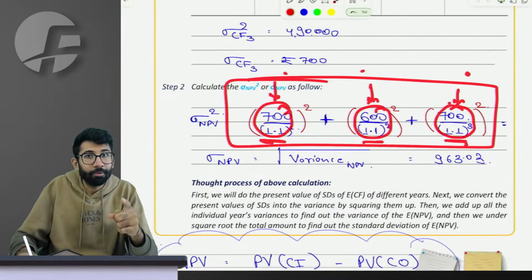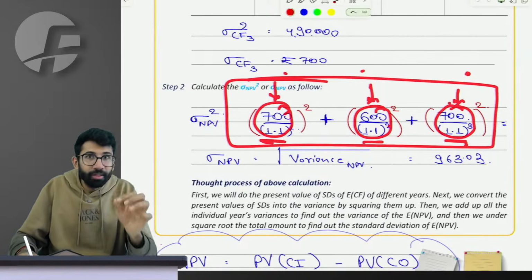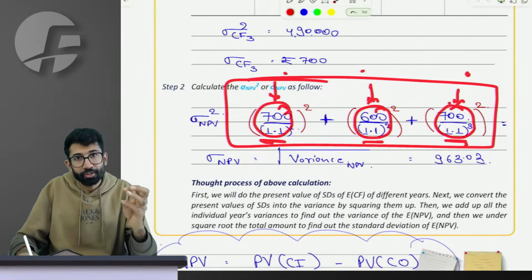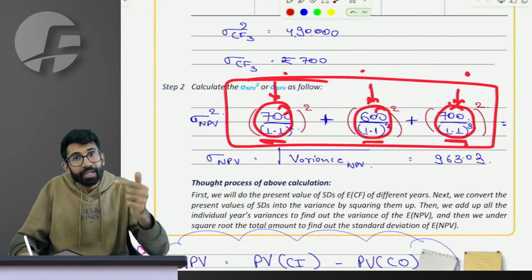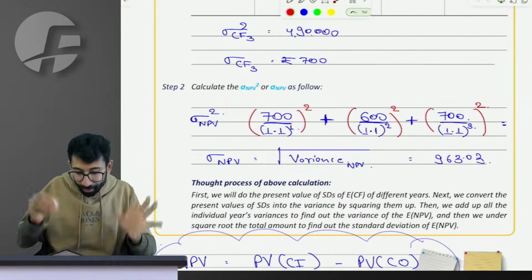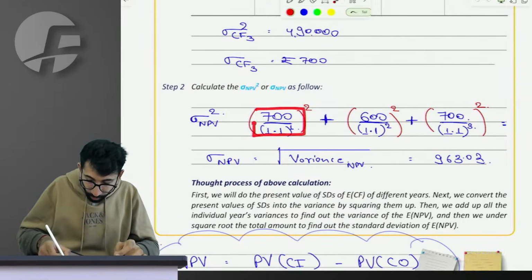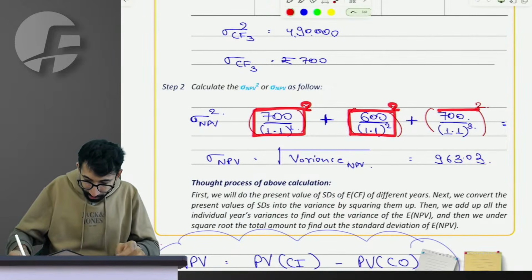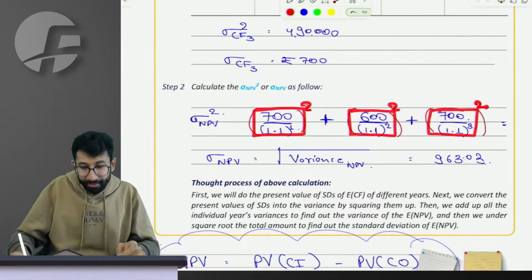But please always remember, sir, all these additions, deductions, etc. happen in statistics at a variance level, not a standard deviation level. So you will have to square the present value of SD to convert them to variance.